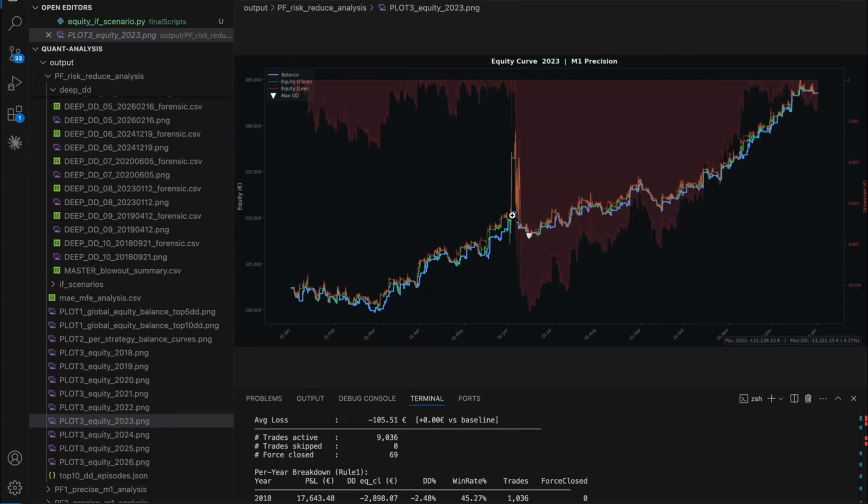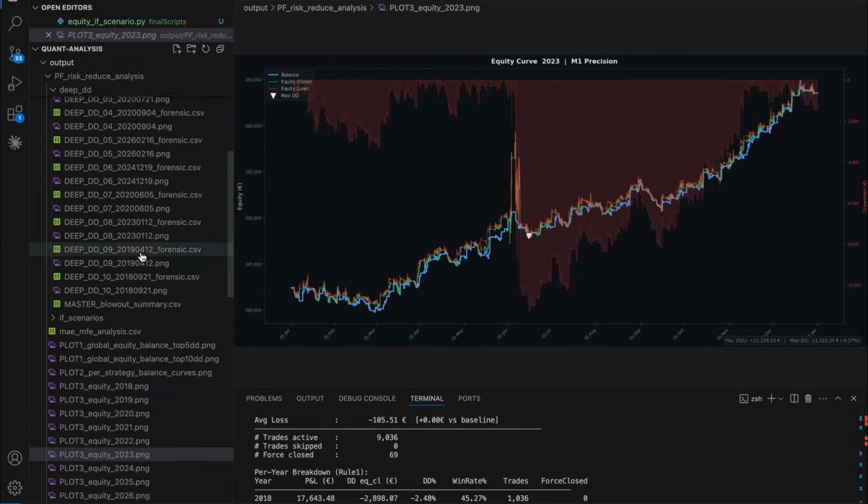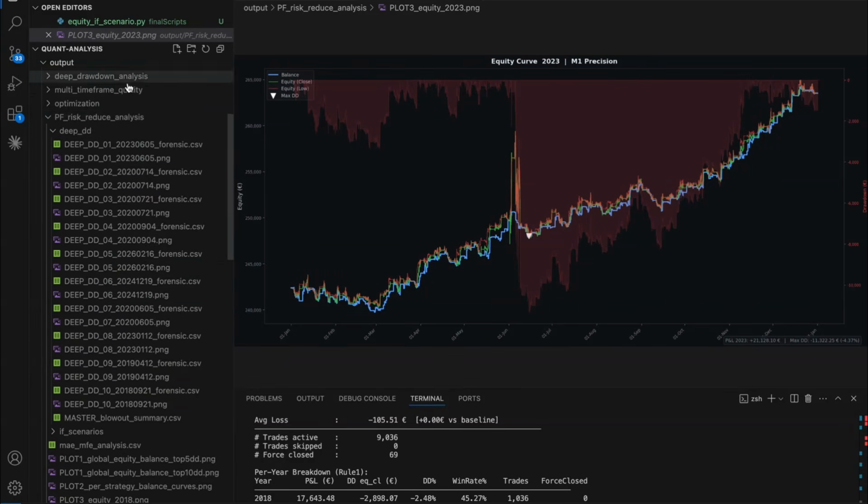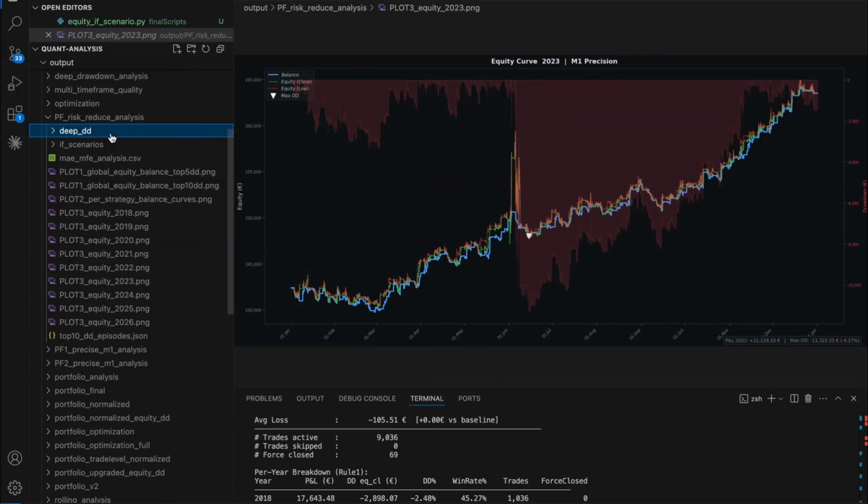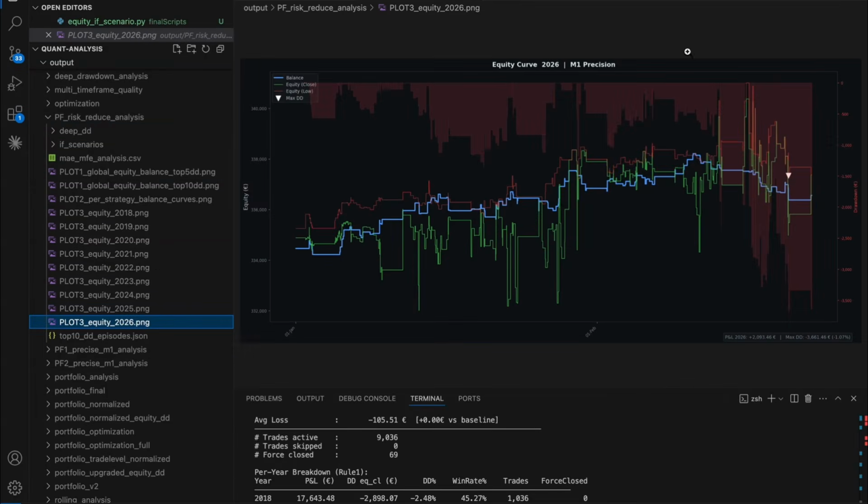Since I saw this, I decided to think outside of the box and think about this type of problem, because it wasn't only one year. Even this year, in the beginning, you see the balance here, and then two big peaks of the equity, and then both peaks went back to zero, even in drawdown, because there was higher volatility.